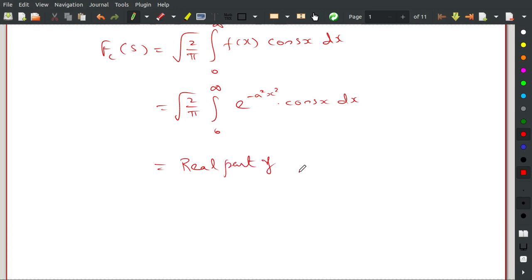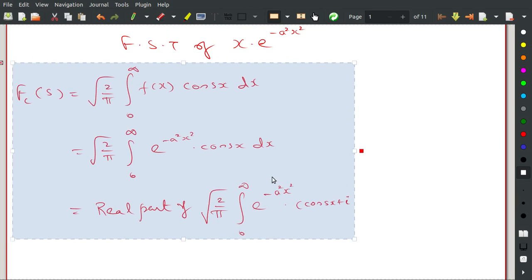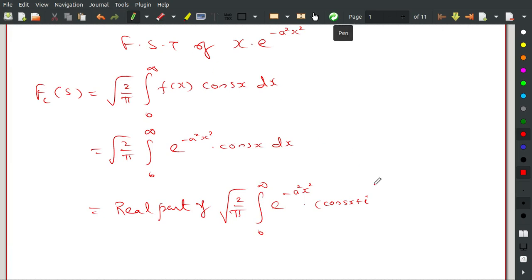So this is the real part of root 2 by pi integral 0 to infinity e power minus a square x square into (cos sx plus i sin sx) dx.